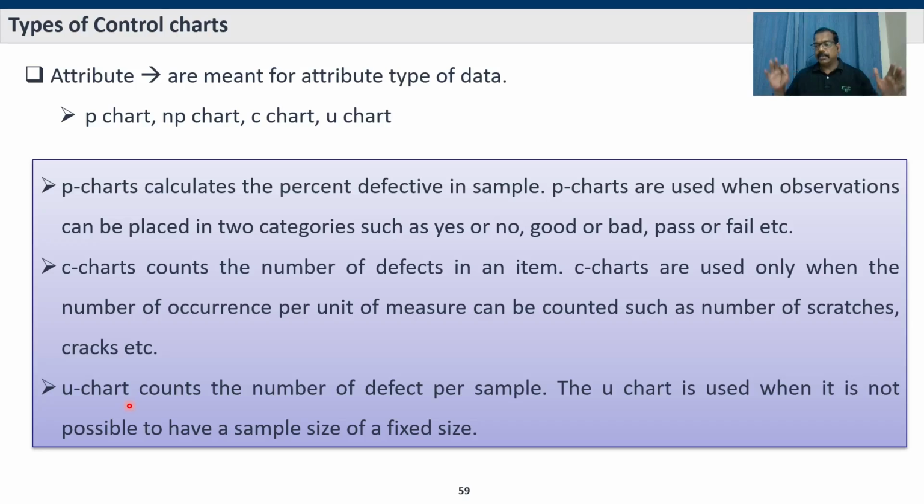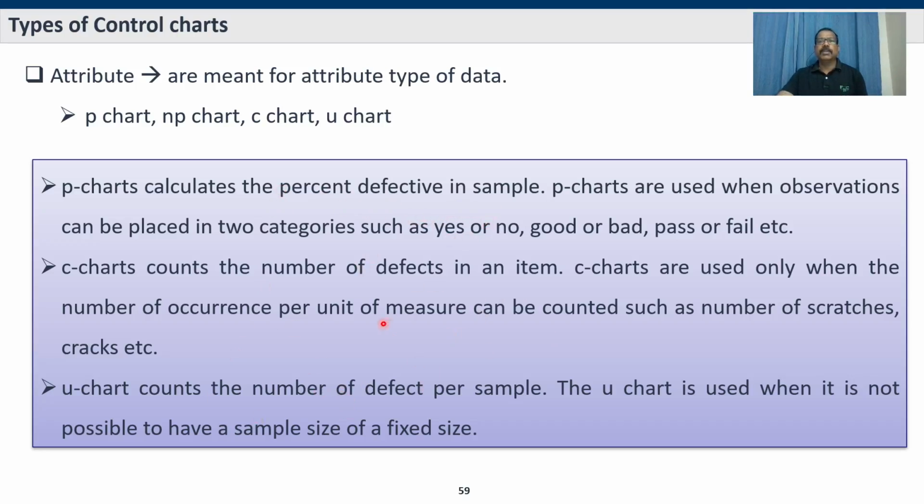From maybe 8, 9 or 10 subgroups, if you take one subgroup, in that you may have 6 samples, 10 samples, or 25 samples. Out of 25 samples, if you are counting how many defects are available, that goes under U chart. But in C chart, you will be taking one item, and in that one item, if you are calculating how many cracks or scratches are available, then it is C chart. But P chart discusses the percentage of defects.